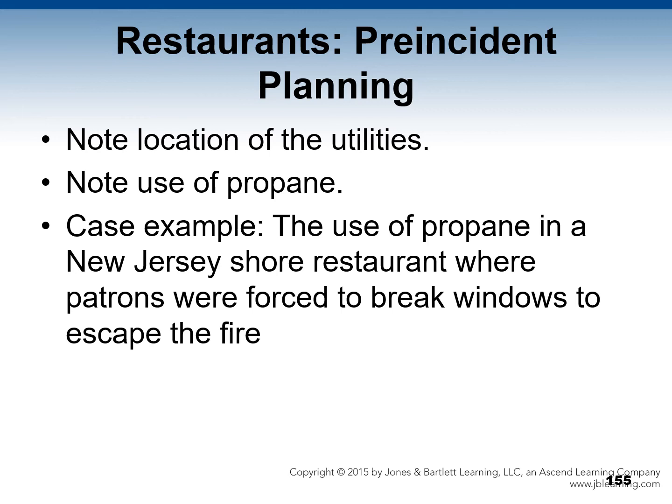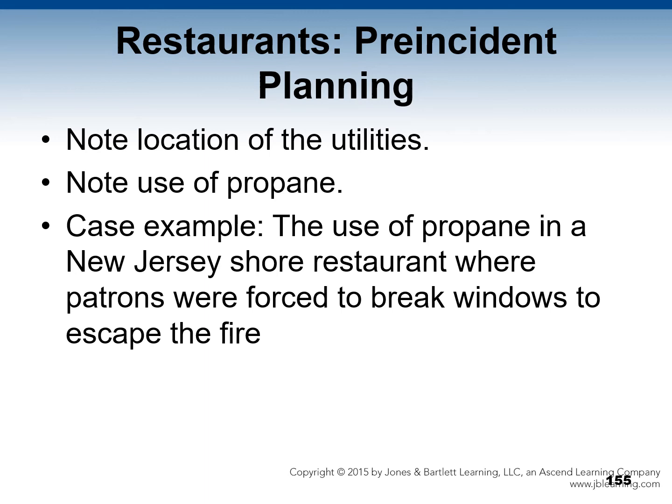With restaurants, there should be a pre-incident plan in place, and attention should be paid to the location of the utilities, especially gas, and certainly when fire departments are inspecting, this all needs to be looked at carefully as well. Notes need to be made of the use of propane, and it is possible that you have propane or natural gas.